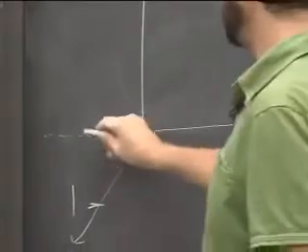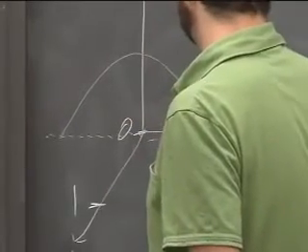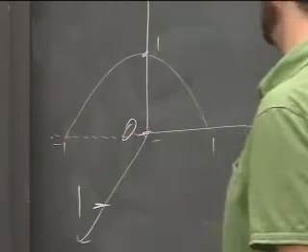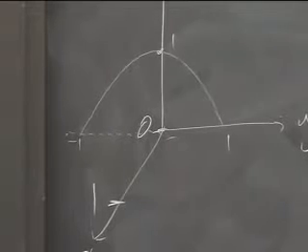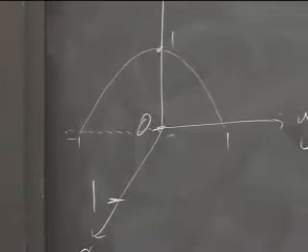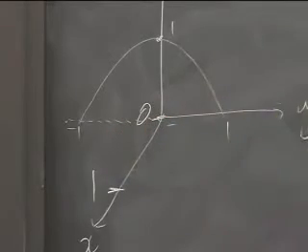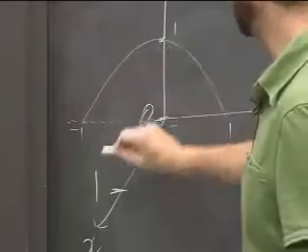So that is a parabola in the zy plane. Intercept 1 and minus 1 to 1. So that's the restriction on z regardless of what x is. If I just draw this curve, z equals 1 minus y squared, it's a cylinder.